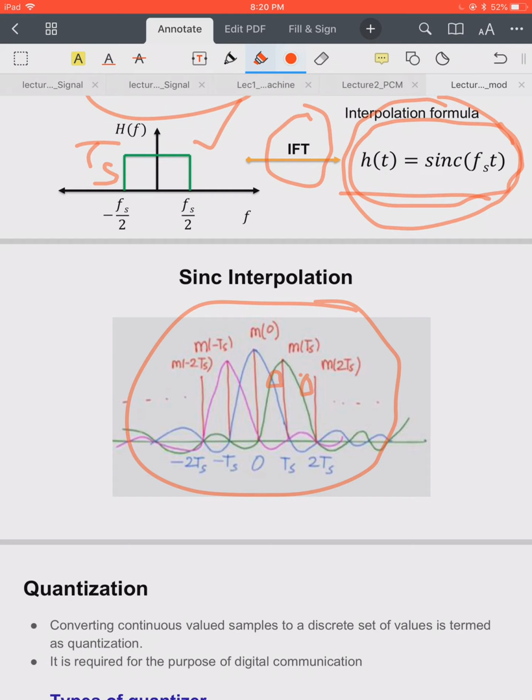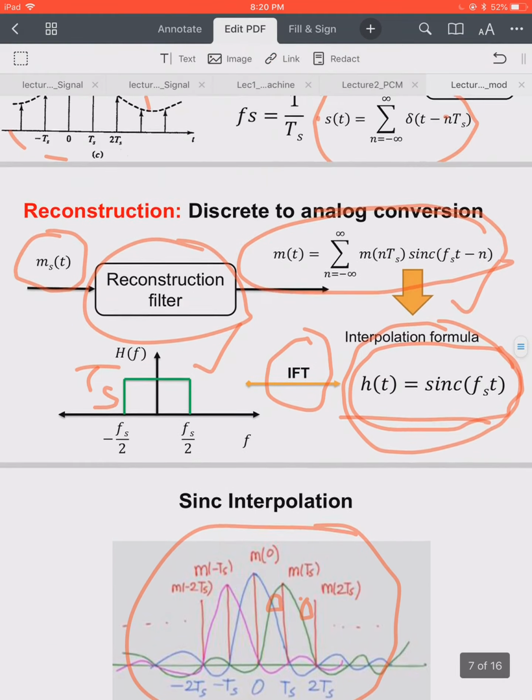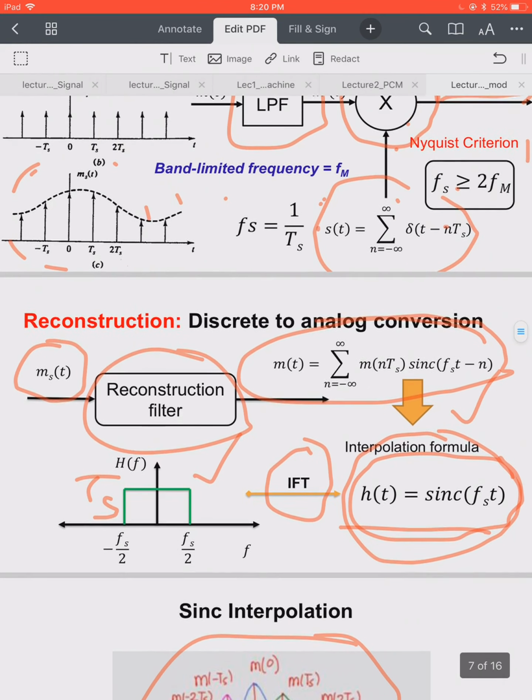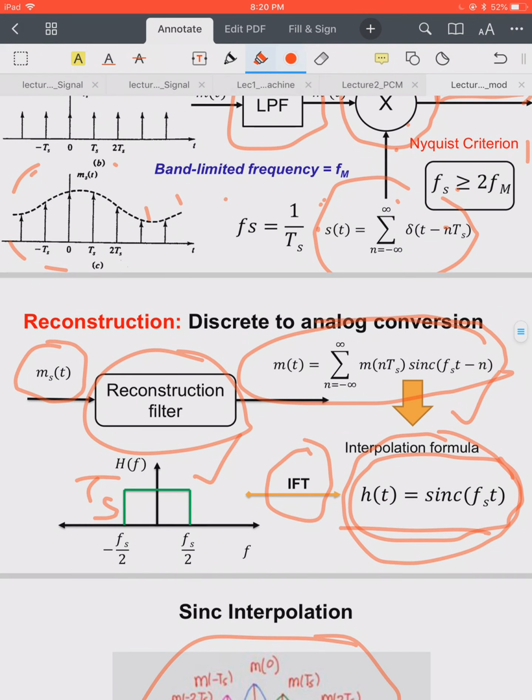So we have the samples and we are interpolating these samples to create the original signal m(t). This is called interpolation using the sinc filter, right? This is my sinc filter. This is the ideal filter, okay?